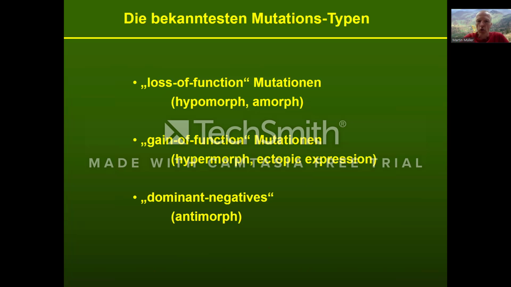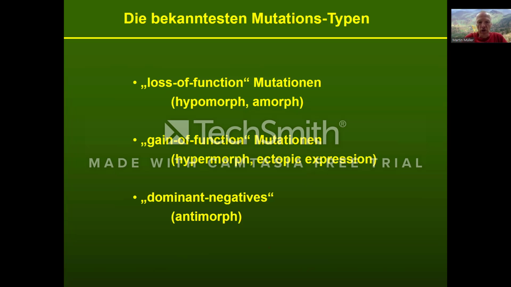Then there are also so-called gain-of-function mutations. That means these can be mutations where more of a gene product is produced. These are hypermorphs. And there can also be situations where you have ectopic expression, where you produce the gene product in a tissue where it normally is not present. And this can also have dramatic effects on the morphology of the fly. Then another important class are the dominant negatives.